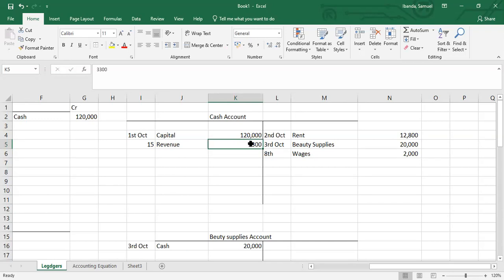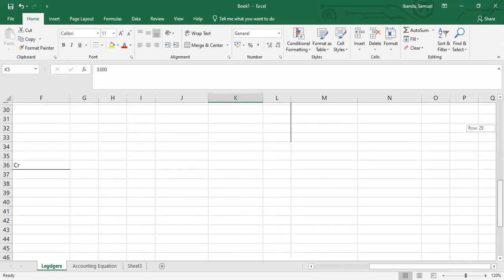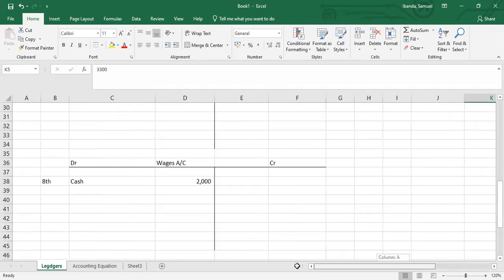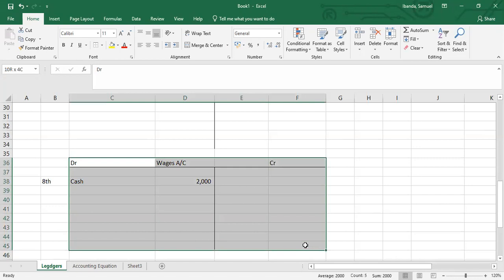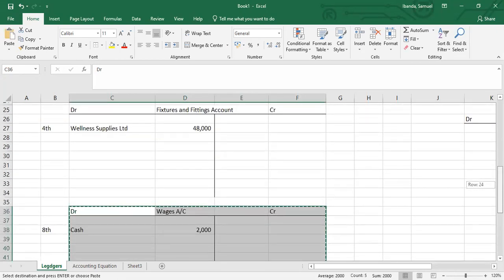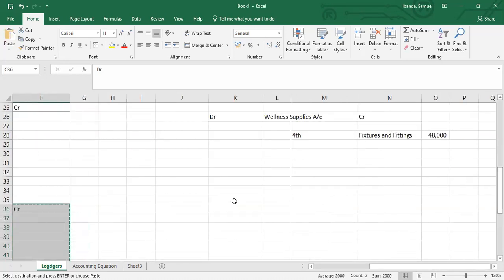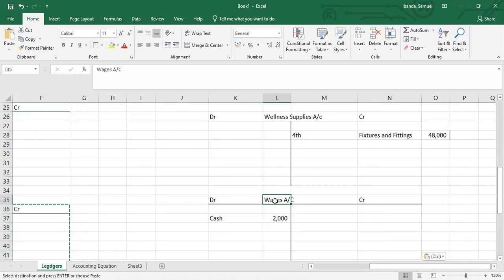So we have debited our cash and credited our revenue. Now, since these takings were later transferred to the bank account, I'm going to have another account called bank, and I'll call this bank account.